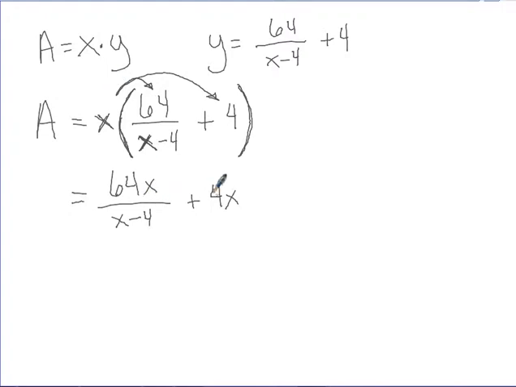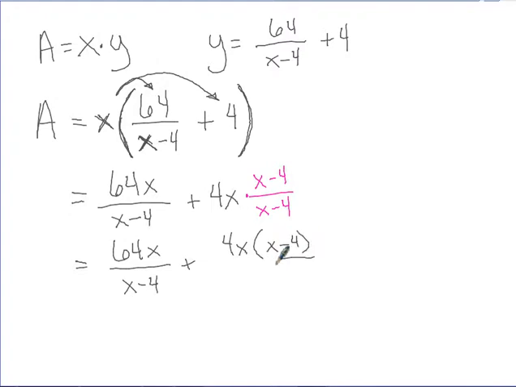So if I want to add these two things together, I need to make this one into a fraction that has the same denominator as this one. So I'm going to multiply by x minus 4 over x minus 4. Okay, I'm multiplying by 1, so mathematically I'm not really changing this. It's only going to look different. So 30x over x minus 4 plus 4x times x minus 4 over x minus 4.